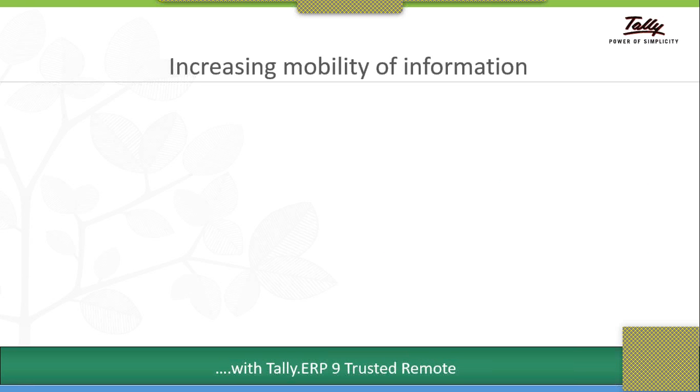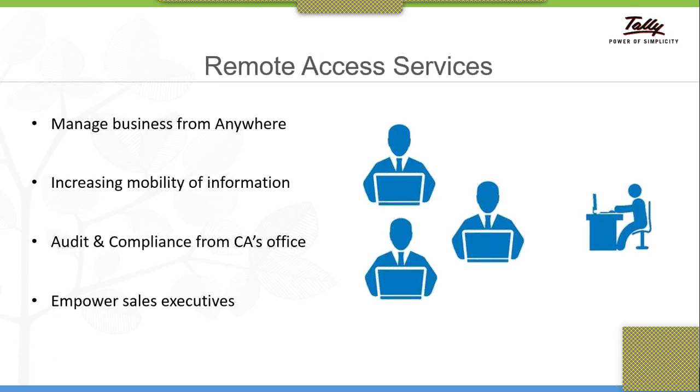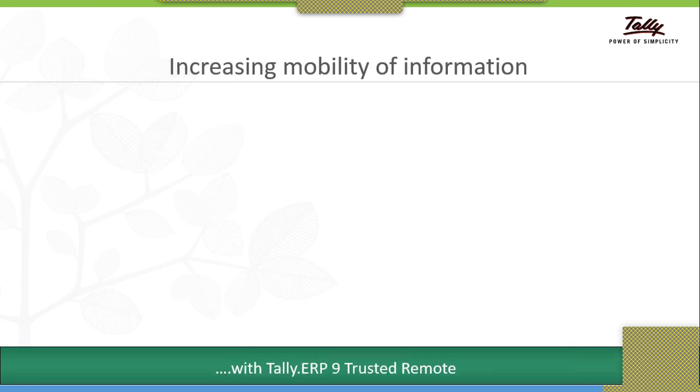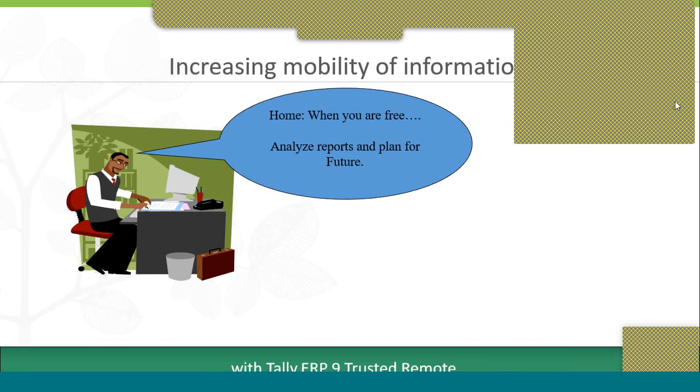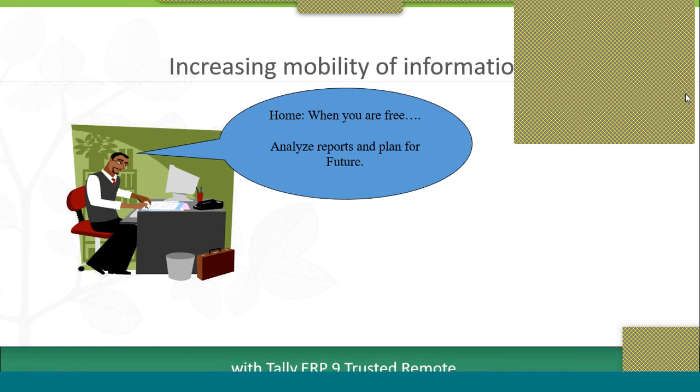Increasing mobility of information. At home, when you're free and want to analyze reports and plan for the future, using remote access capability you can access the data even from home.